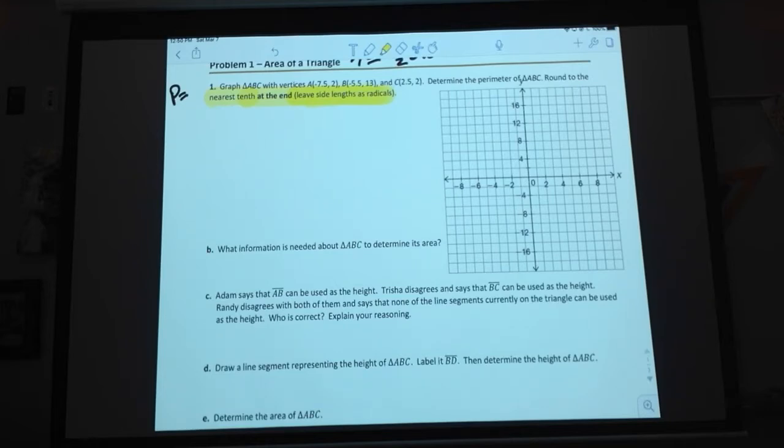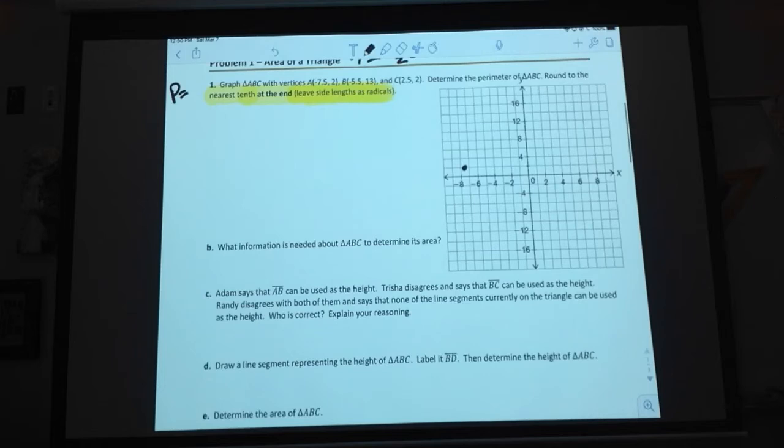All right. So let's go ahead and plot our points. Negative 7.5, 2. There's 7, 7.5, up to 2. Right there. And B is at negative 5.5, 13. So negative 5.5, all the way up to 13, counting by 2.